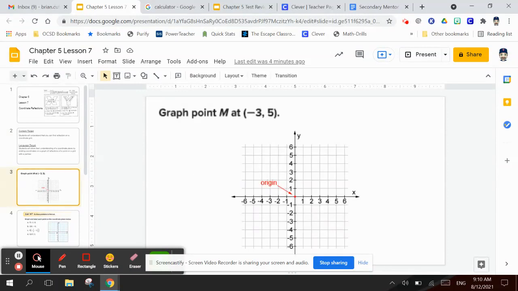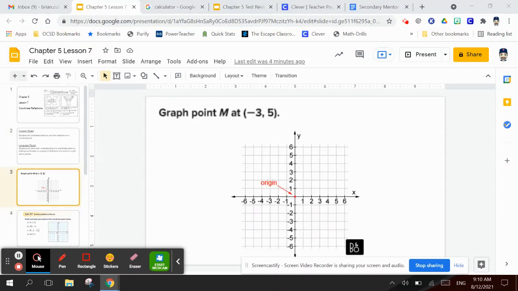So the first thing we need to do is understand where to find a point, or a coordinate. Here we're going to graph point M at (-3, 5). We start at 0, the origin. Here's my x value, here's my y.